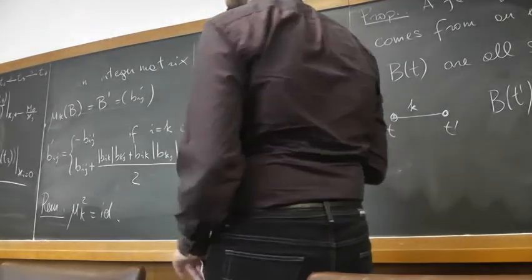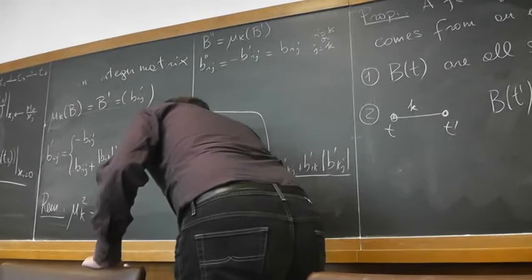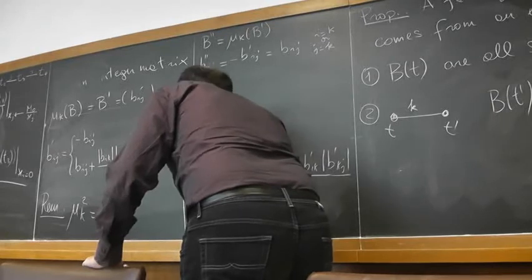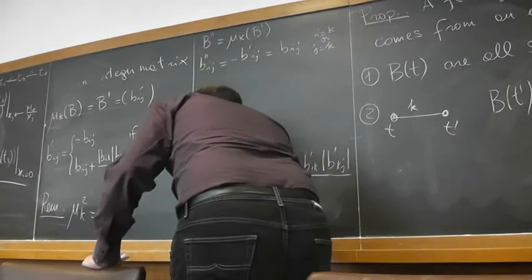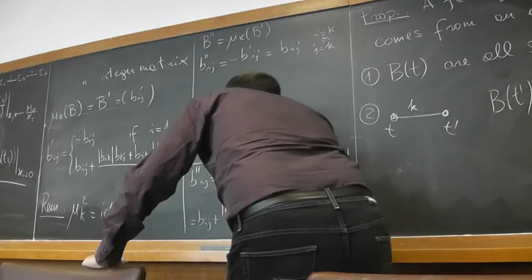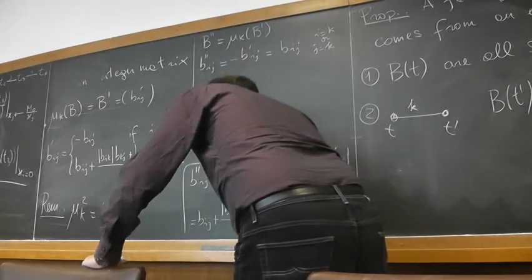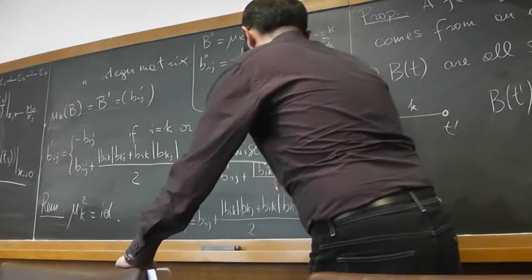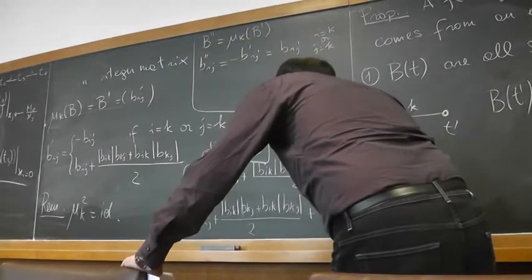Then B prime ij is this expression. So we have Bij plus Bik Bkj plus Bik times the absolute value of Bkj. B prime ik is minus Bik, so the absolute value is the same.